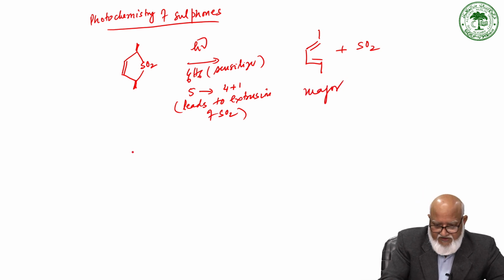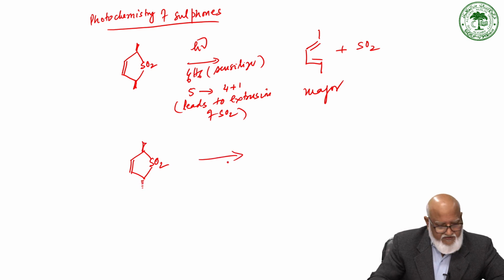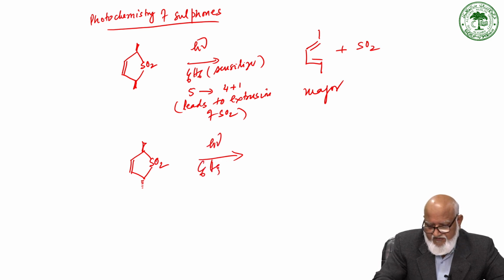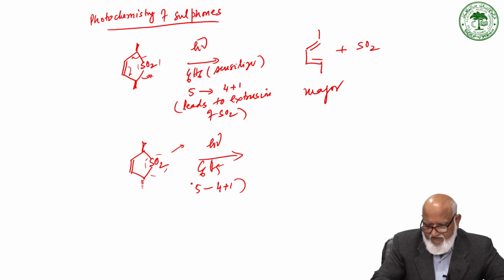On the other hand, if we have a trans isomer, it also undergoes extrusion under similar conditions, with benzene as a solvent, to give 5 going to 4 plus 1, I mean extrusion.